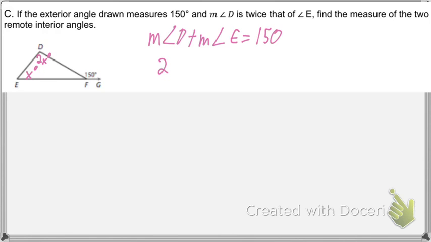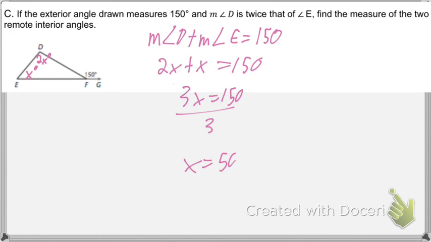So you can say mathematically 2x plus x will equal 150, which is essentially what these two boys both did. Saying 3x equals 150, divided by 3, x is 50, so measure of angle E is 50 degrees, measure of angle D is double that, 100 degrees.